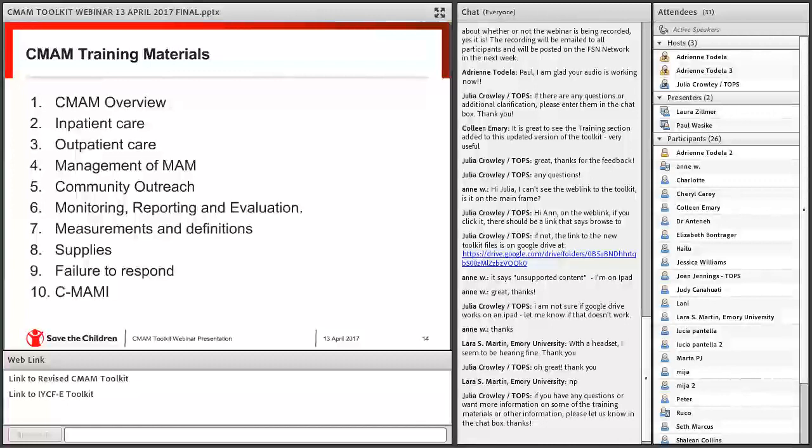Then another thing that I believe most of us are also aware of is CMAMI, community-based management of acute malnutrition in infants.